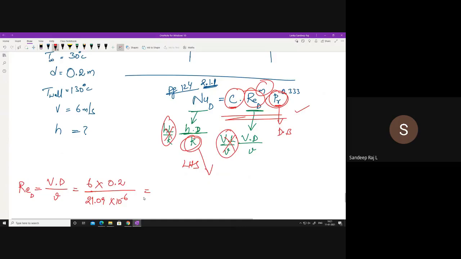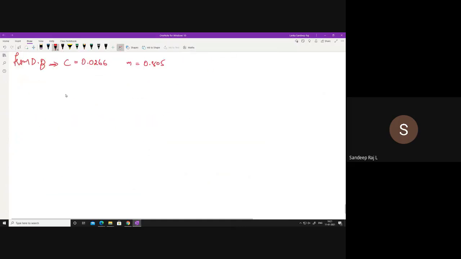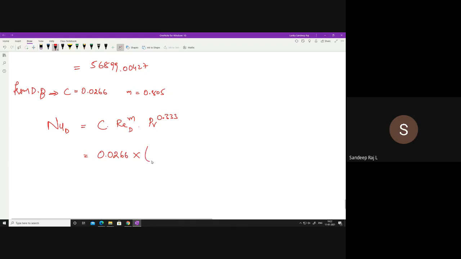So now you can calculate the Nusselt number. The Nusselt number is equal to C into Re power m into Prandtl power 0.333. The C value is 0.0266 and the Reynolds number value is 56,899.00427.